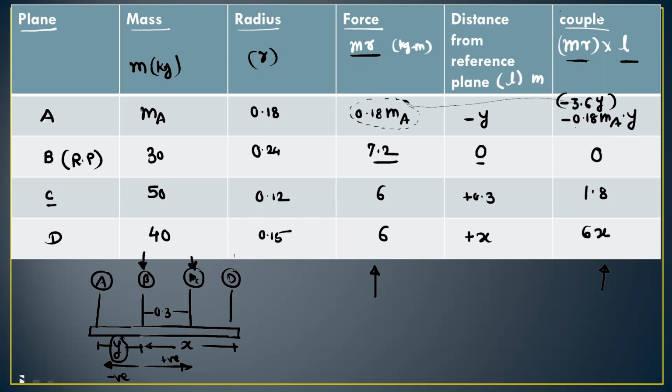So I will draw this column separately, couple polygon, couple column. So the first value, that is for mass A, so it is minus 3.6 into y.